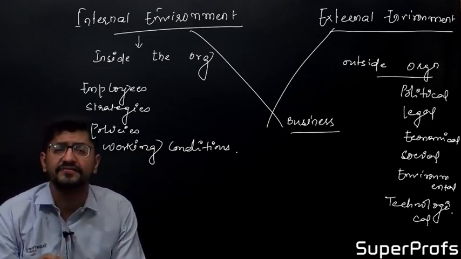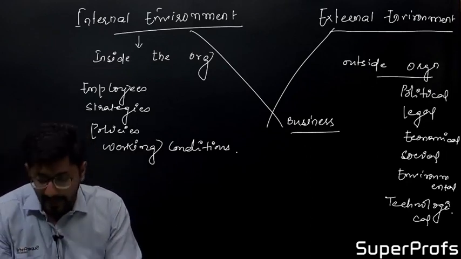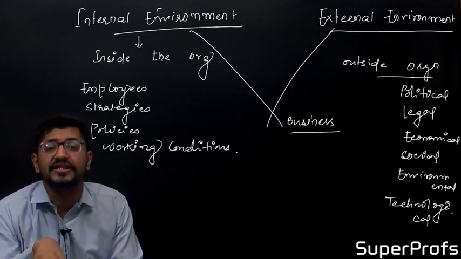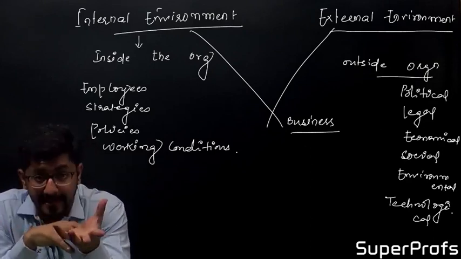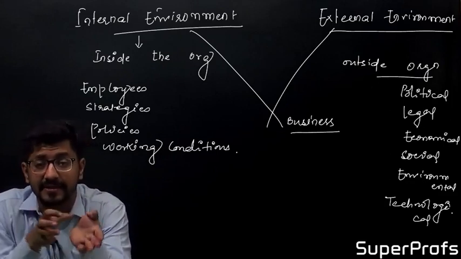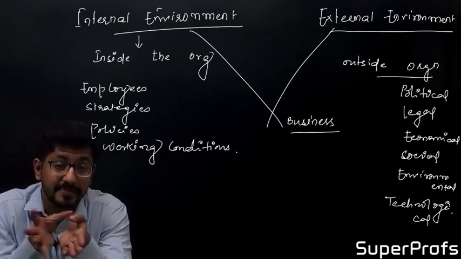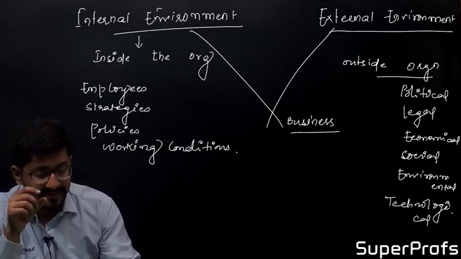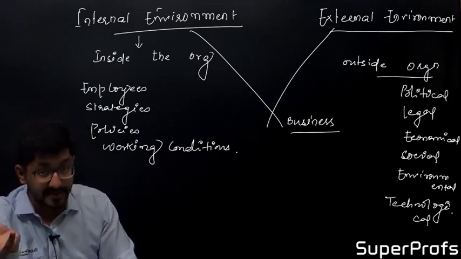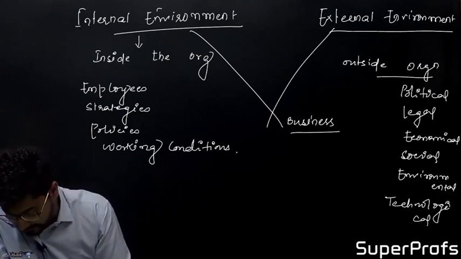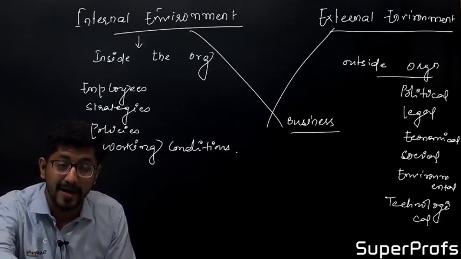We will discuss all these factors later on. So the environment is affected by all these factors. When we study the environment and the factors of the environment affecting a business, that topic is known as business environment. So here we discussed what is organization, what is business, and what is environment. Now come to the basics of your subject, that is strategic performance management.